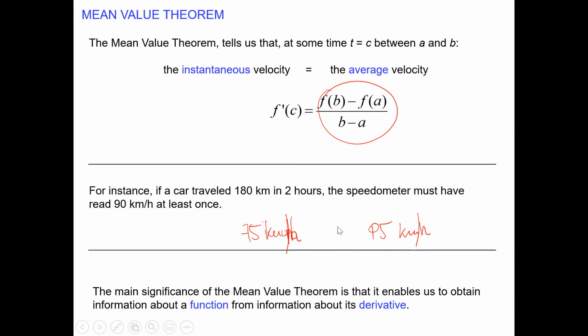Also, when we have some information about the values of the function, we may obtain information about the derivative. This is also a nice use of this theorem.